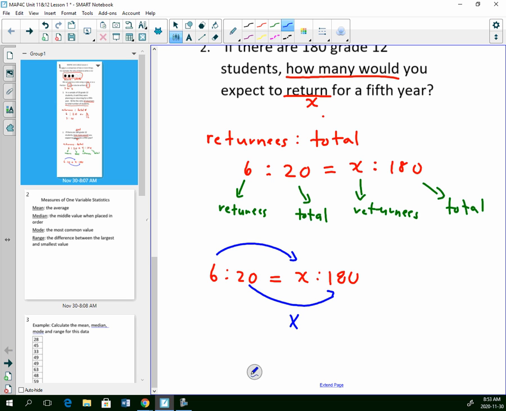I would have to multiply it by 9. So I would do the same to the 6. The 180 is 9 times bigger than the 20, so the X should be 9 times bigger than the 6. And so 6 times 9 is 54.